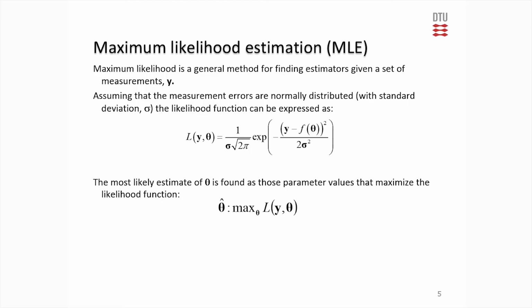In turn, this means the higher the likelihood that θ hat approximates the true values of the unknown model parameters θ.